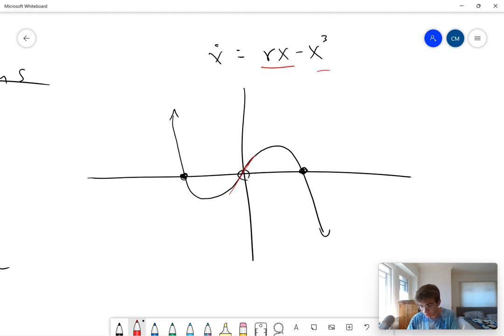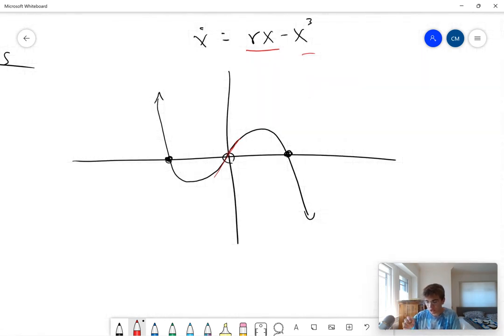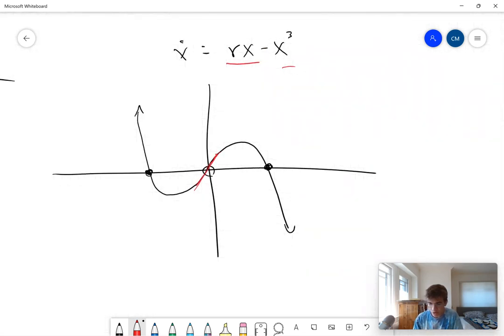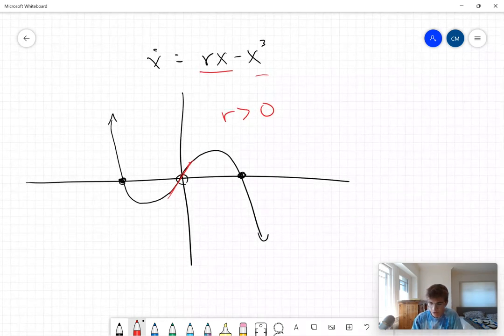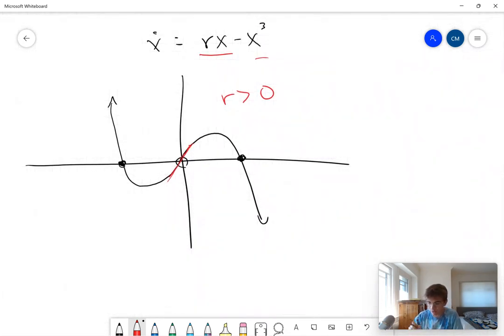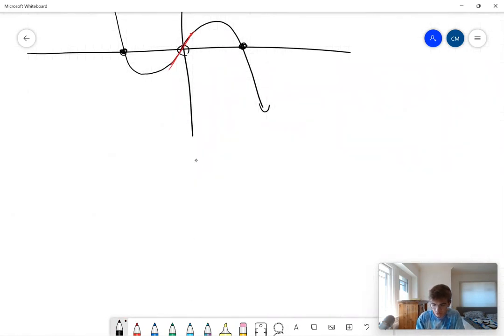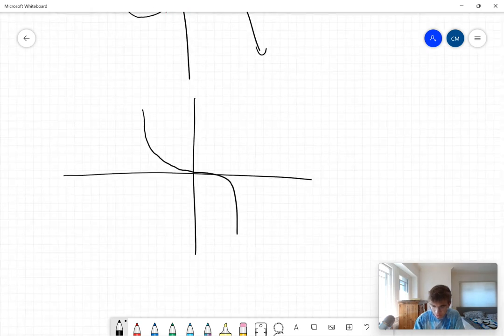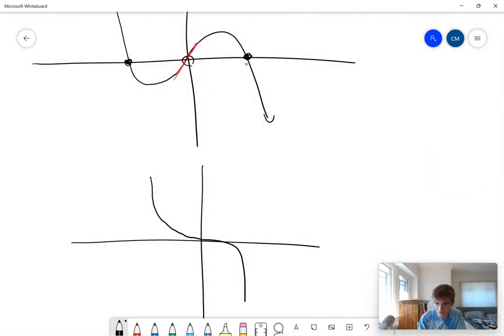This x cubed disappears. And so we can think about changing r in this system as essentially rotating this red line, okay? And so this case specifically would be r greater than 0. And then when I rotate the slope of this line, I'm going to change the cubic function to look something like this. And essentially these fixed points here are going to collide into the origin and then collapse in together.